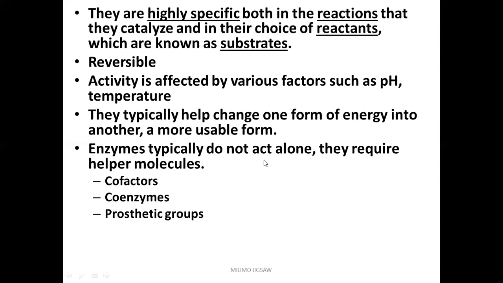However, we're going to talk more about this when we meet next. So enzymes typically will require these helper molecules, the coenzymes, the cofactors, and also we find certain molecules are going to contain prosthetic groups.